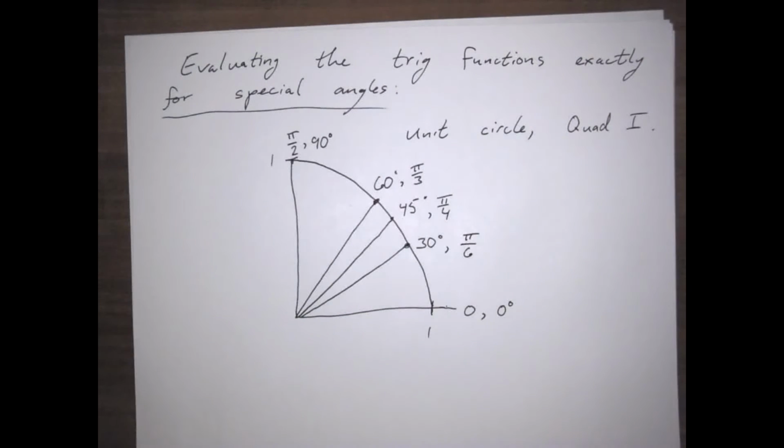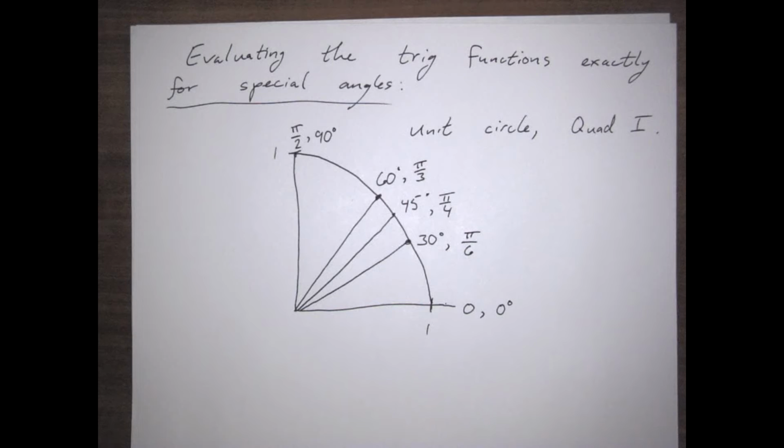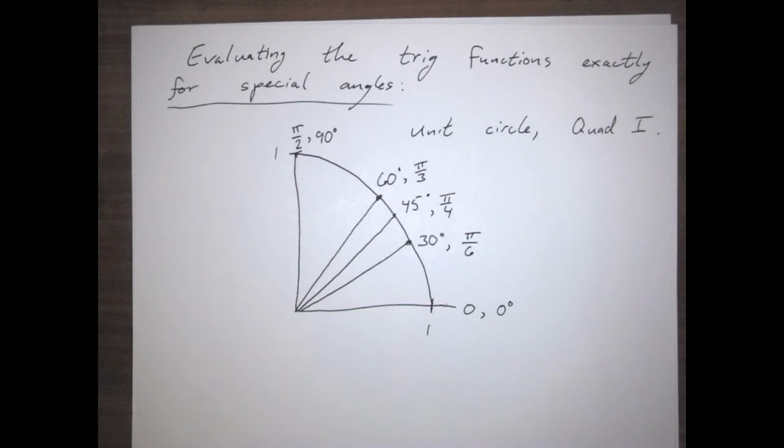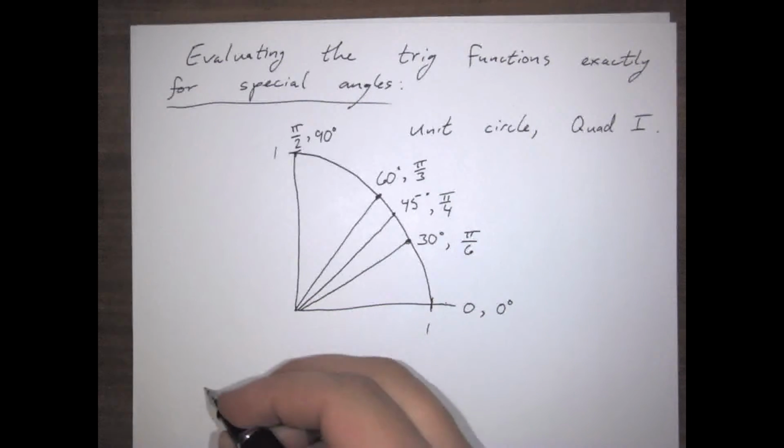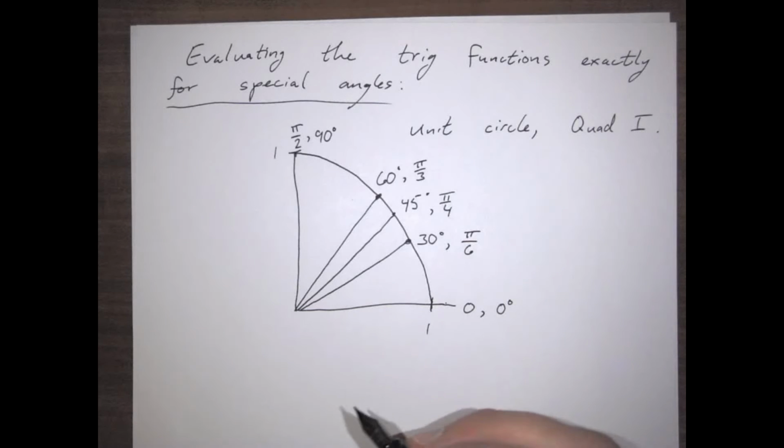So these are the special angles that we'll be focusing our attention on for the next few minutes. So our goal is going to be to make a table of values that cover all of these cases.